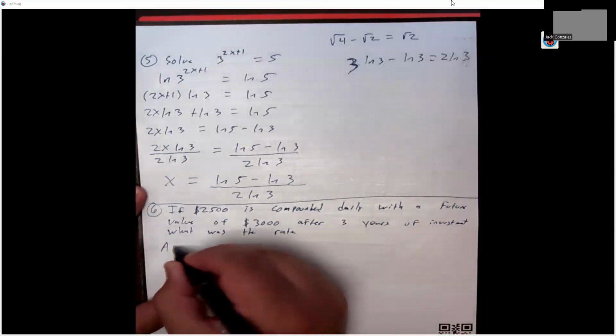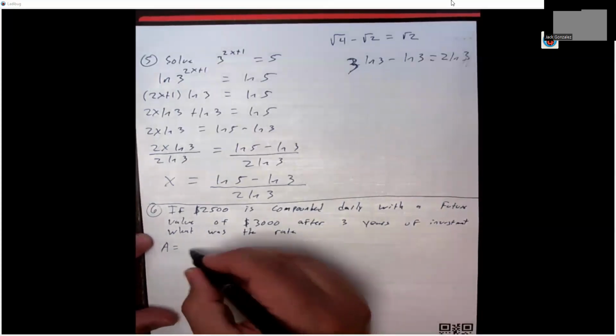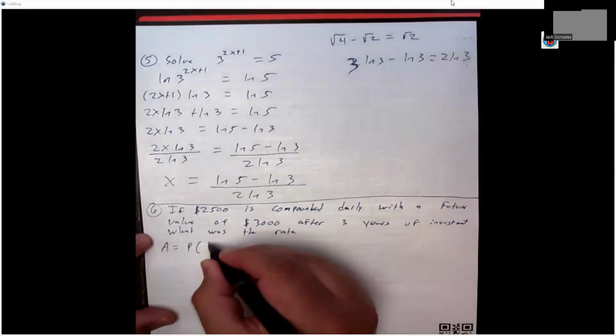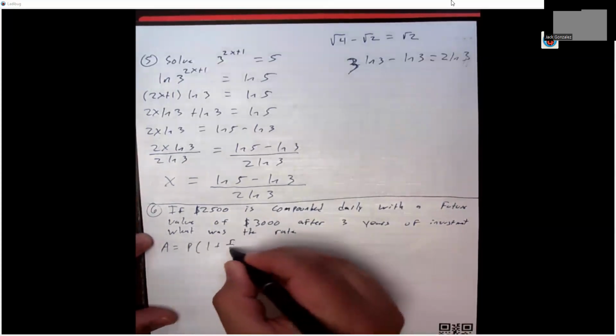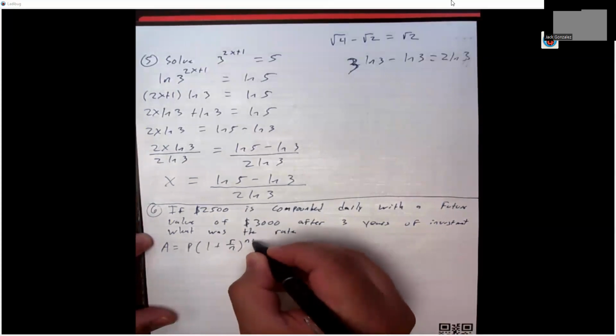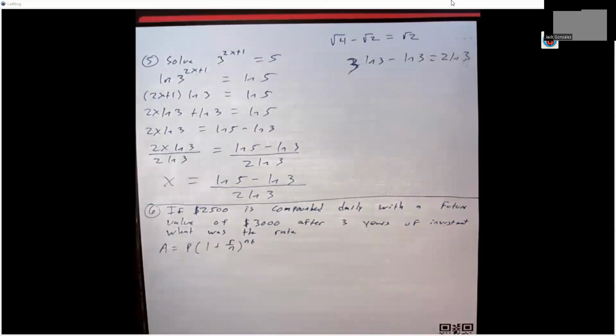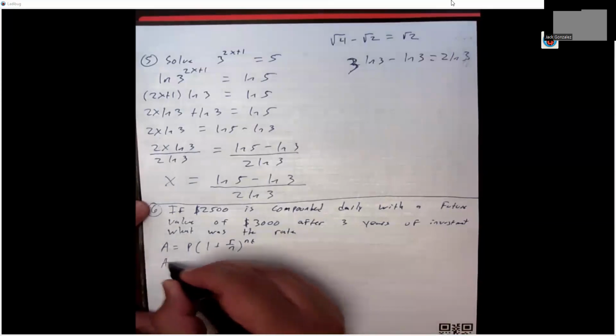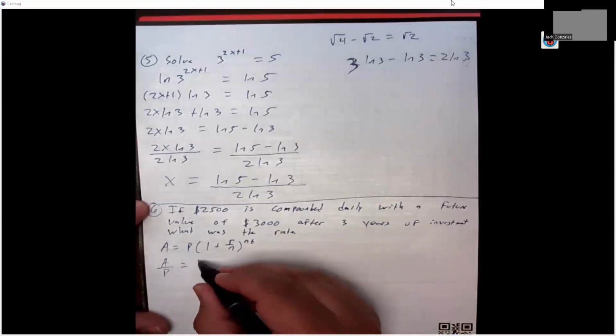The formula for compounding was A equal to P times 1 plus R over N to the NT. I solved for R for you. Remember, I gave you a list of simple formulas to use, so you don't have to do all the work. I don't remember them, so I'm going to solve for them again. A over P, divide by P on both sides, we get to here.